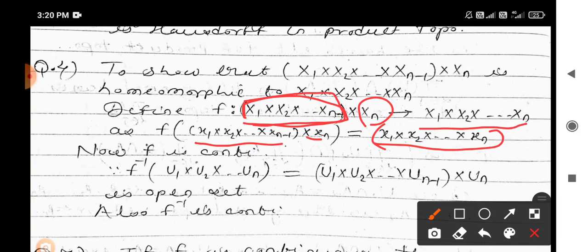Now to prove that f inverse is continuous, f inverse is a mapping from X1 cross X2 cross X3 cross Xn to X1 cross X2 cross Xn minus 1 cross Xn. What is an open set? Now U1 is an open set in X1, U2 is an open set in X2, Un is an open set in Xn.